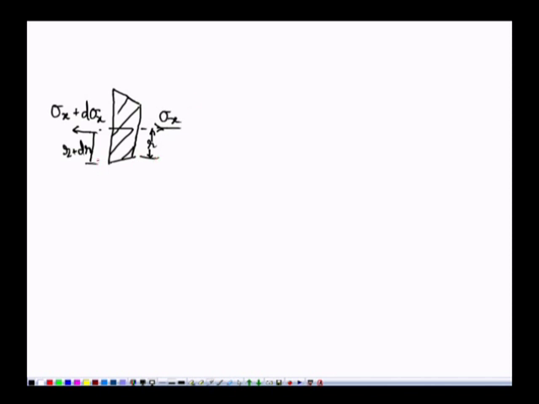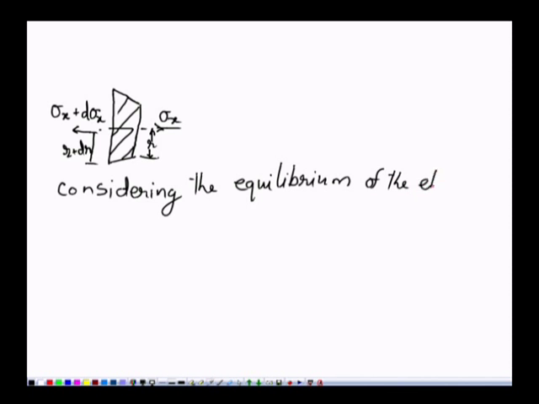So, considering the equilibrium of the element we have taken, in the x direction we have sigma x plus d sigma x, and the area is pi into the radius r plus dr, whole squared.